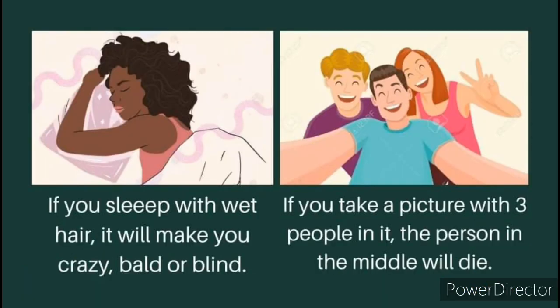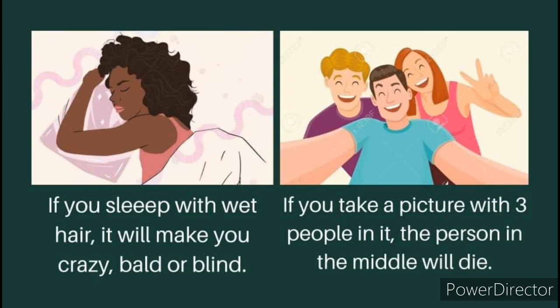Here in the Philippines, we have a lot of old superstitions and beliefs that we learn from our parents, grandparents, and other older relatives. Some examples of this are: if you sleep with wet hair, it will make you crazy, bald, or blind. The other example is: if you take a picture with three people in it, the person in the middle will die.